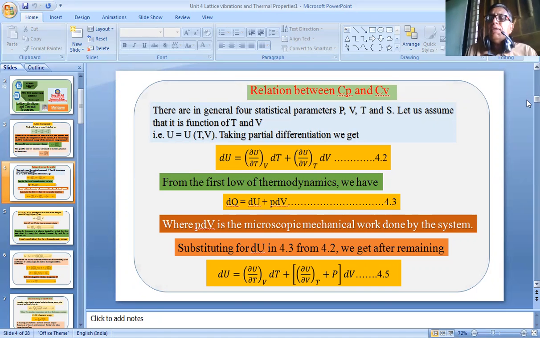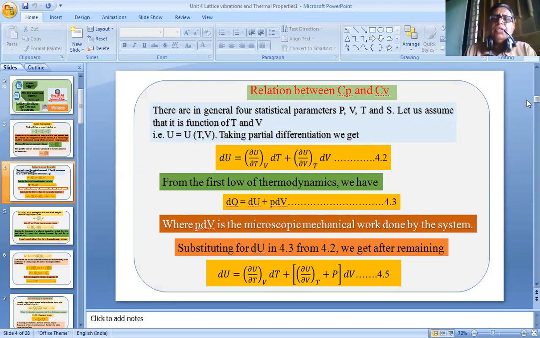Let us assume that U is a function of T and V, that is temperature and volume, that is U is equal to U, the internal energy, in bracket T, V.